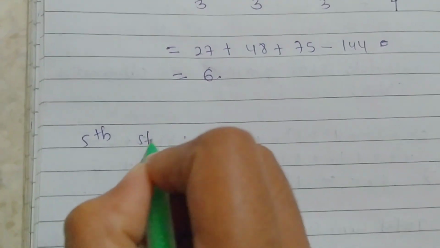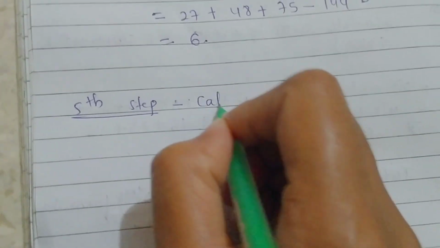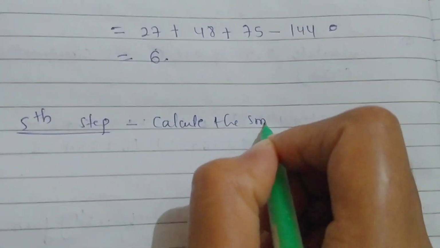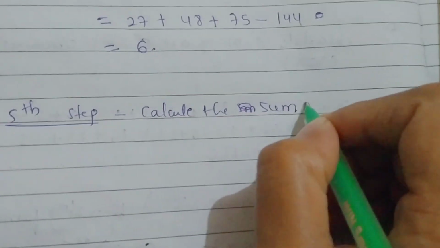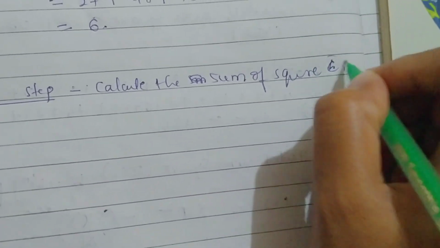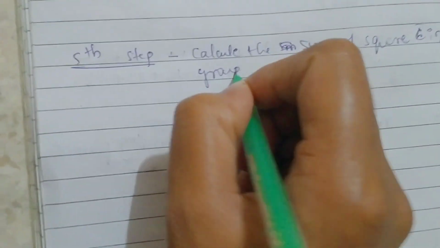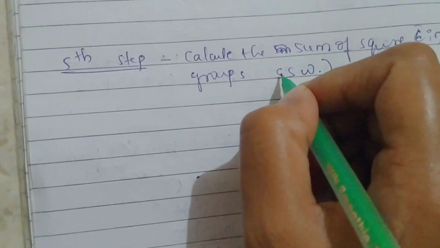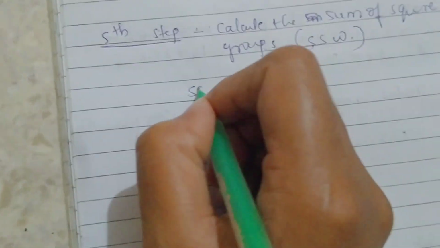So next, the fifth step is to calculate the sum of square within the group. For this again we have a formula.